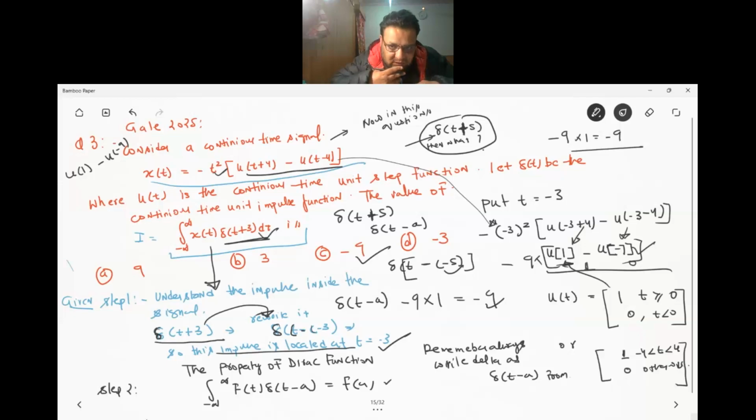Suppose by any chance your a value was equal to, let's say, lambda t plus 3. So suppose you found this point, t is equal to minus 5. In that scenario, what would you have done? Or t is equal to plus 5.